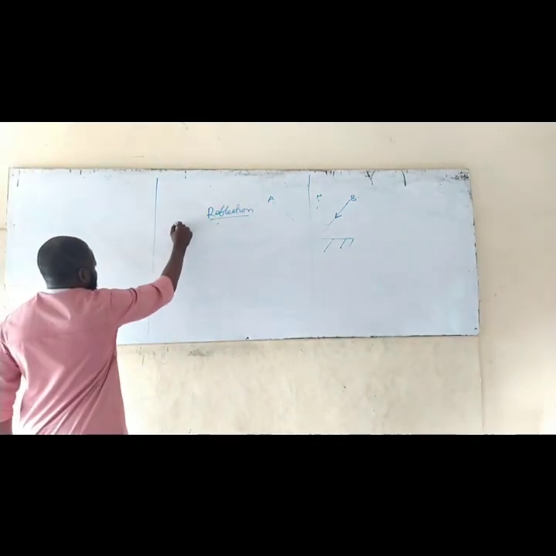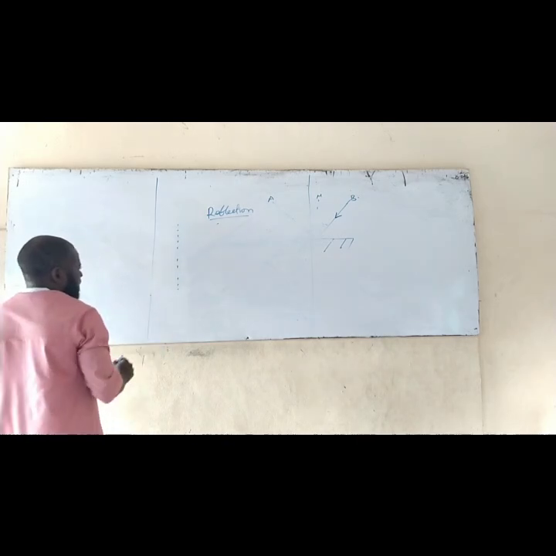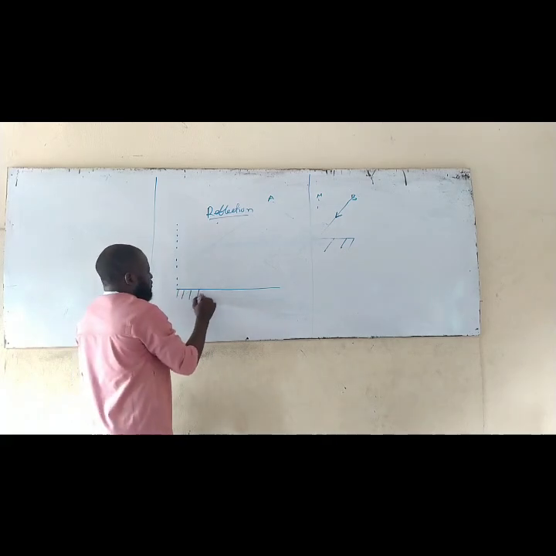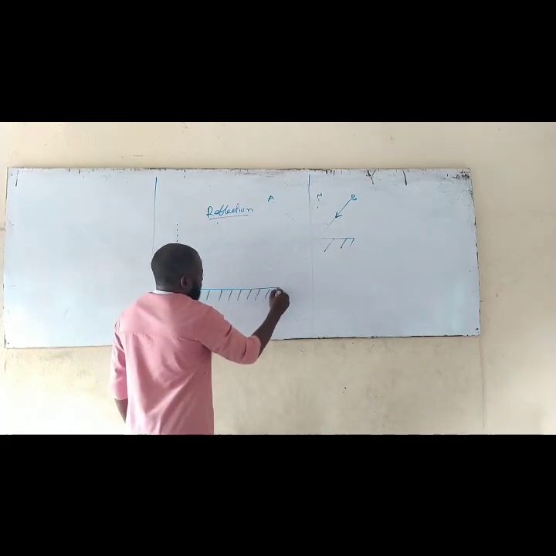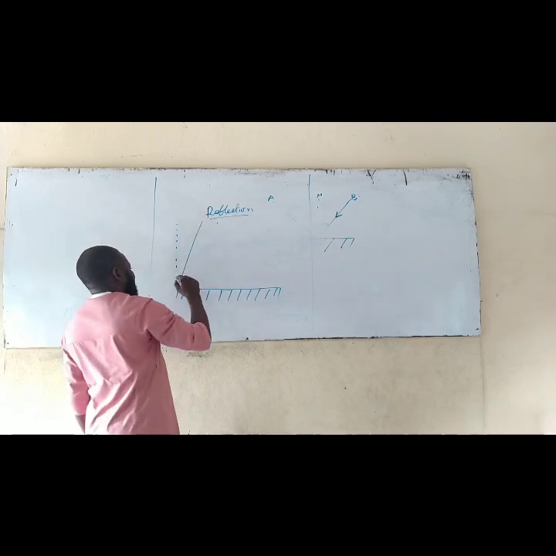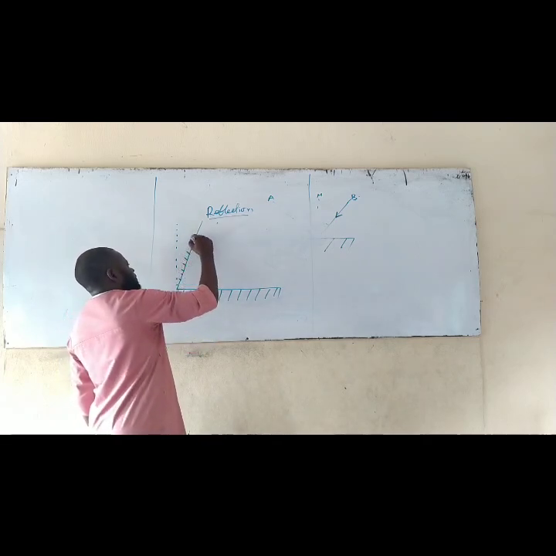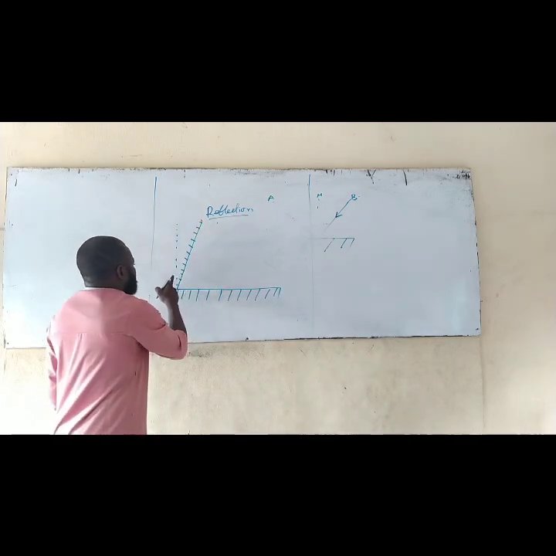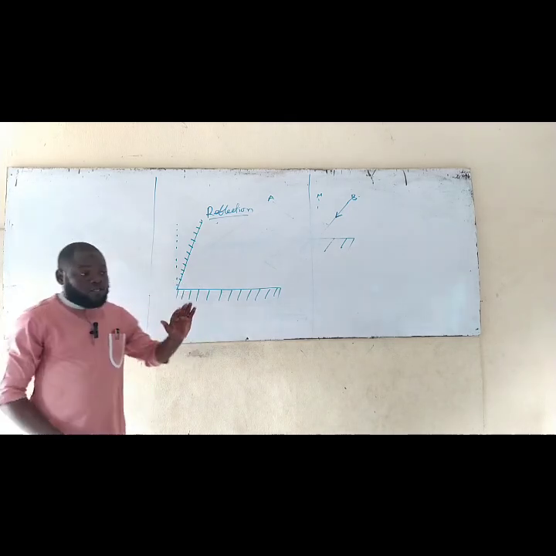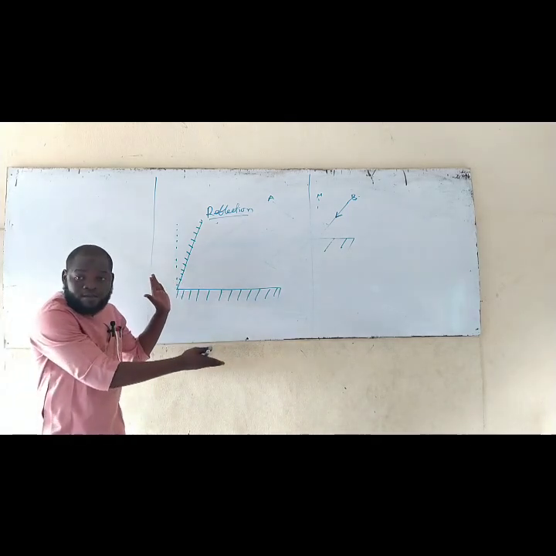Let's say I have this. This is an imaginary line, and this is a mirror. I have a mirror like this, and then I have another mirror like this. Normally the two mirrors are perpendicular, right?